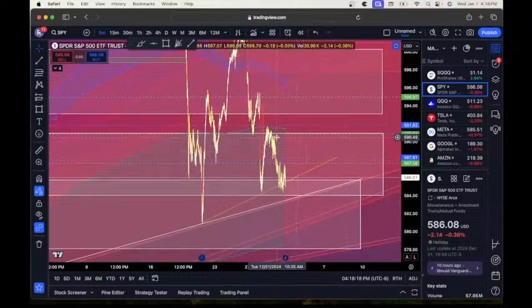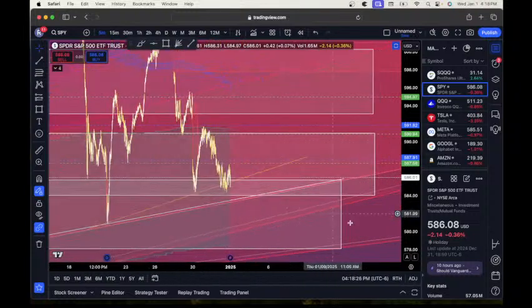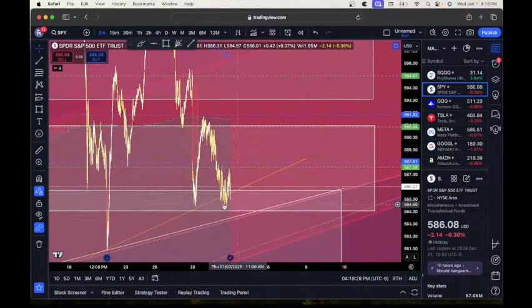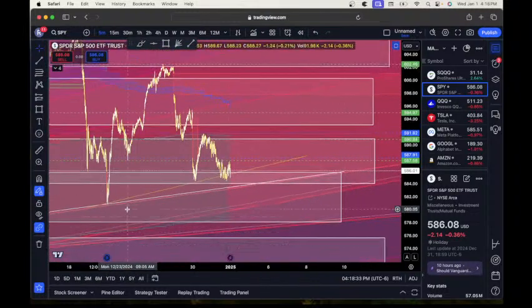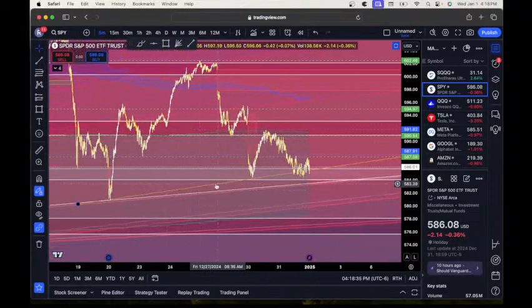You got to the top, it rejected, it's coming back down, and it picked up on another level down here, and looked like this is actually an old gap down level that we had previously right here.